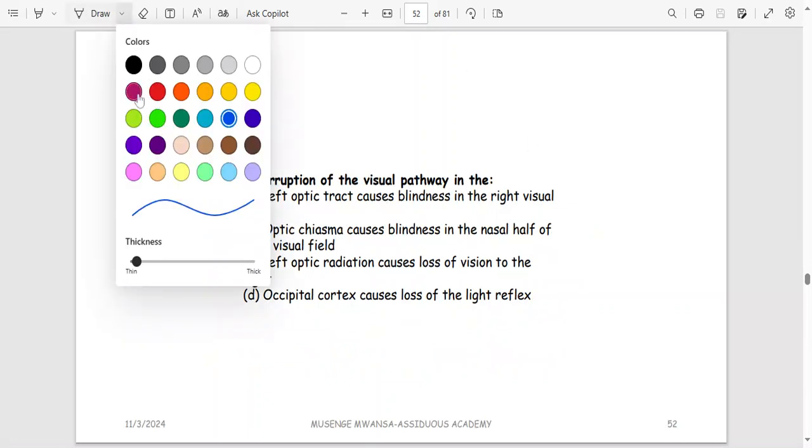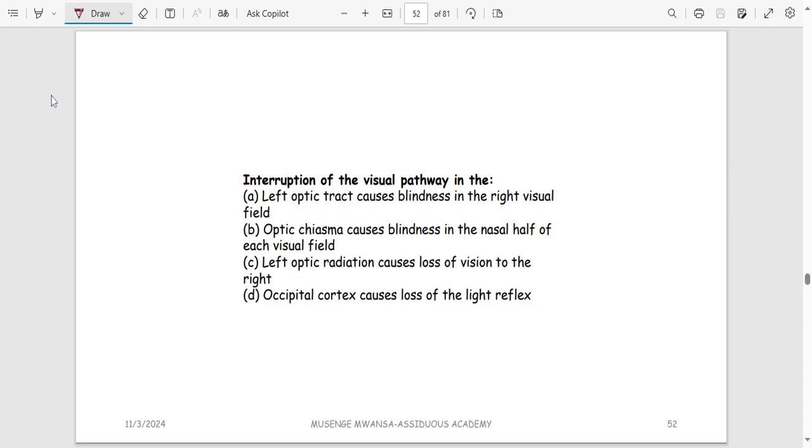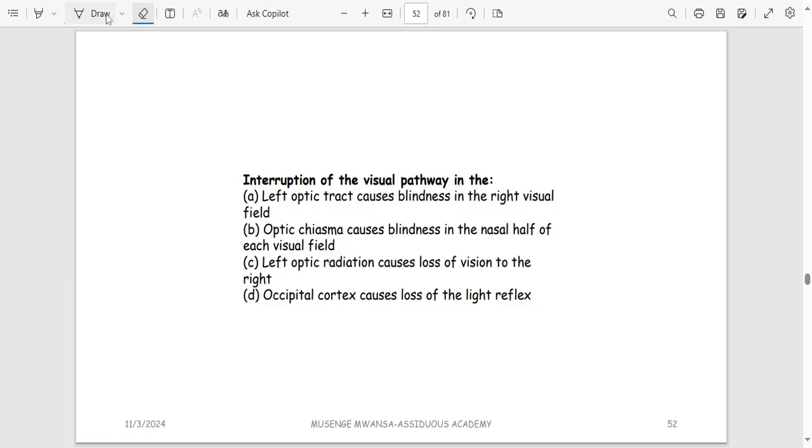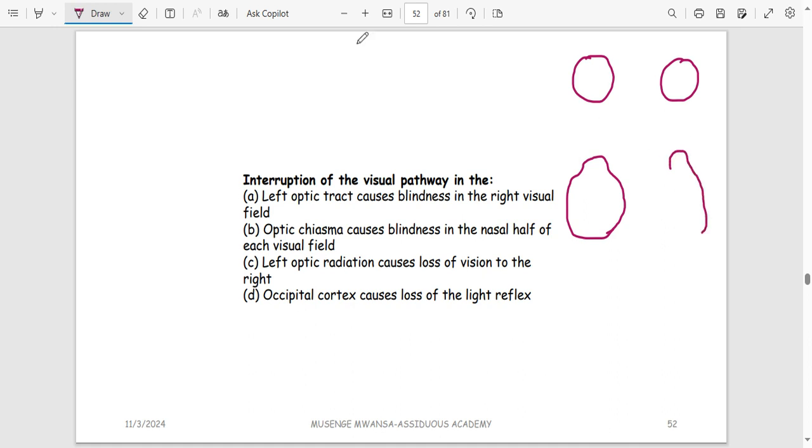So here is our beautiful eye. So we have got this guy and this guy, and then now we can have our eye at this point and also this kind of eyeball.